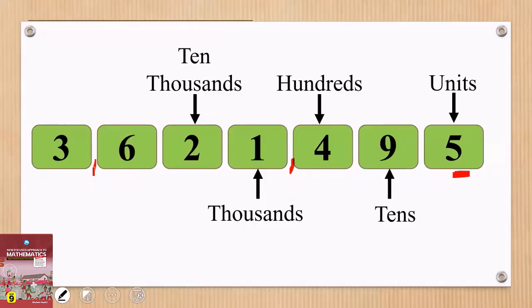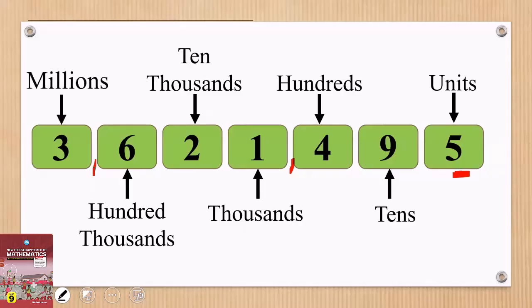And so we can call that one 20,000. We can also call this particular 6 the 100,000 position, right? And so this can be 600,000. Then finally, we call this the millions position, and so this can be 3 million.